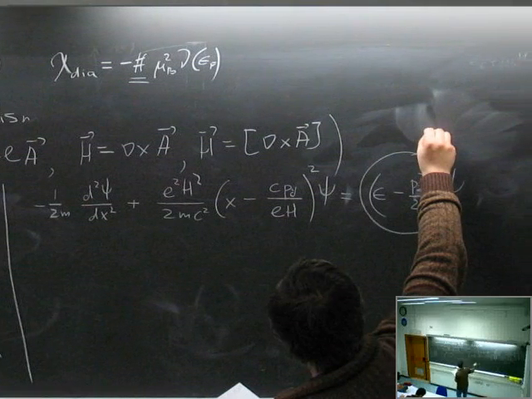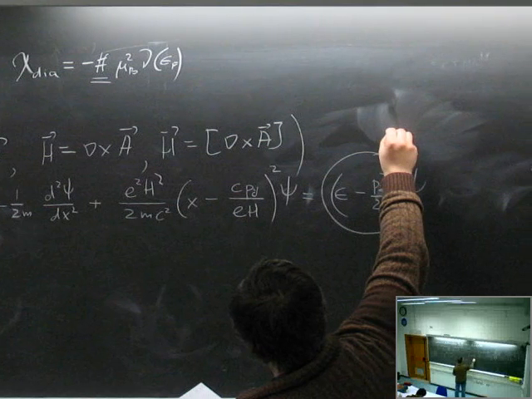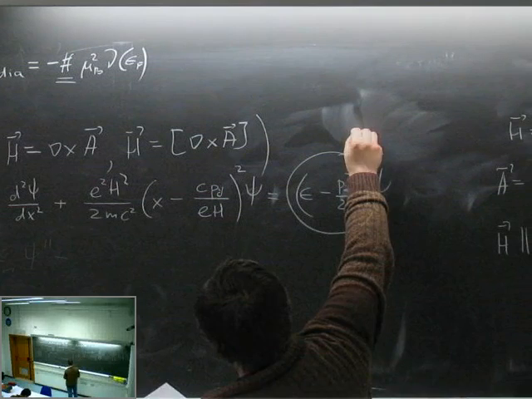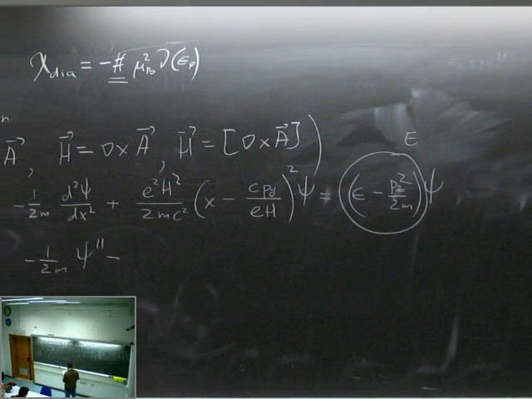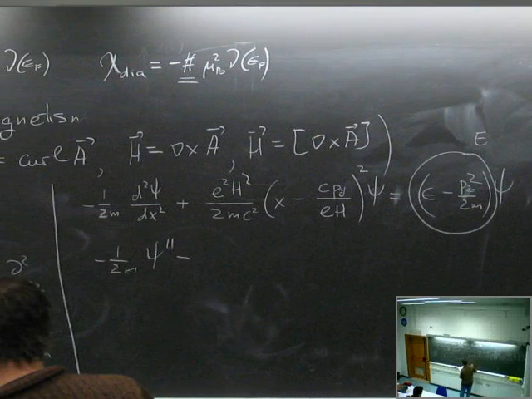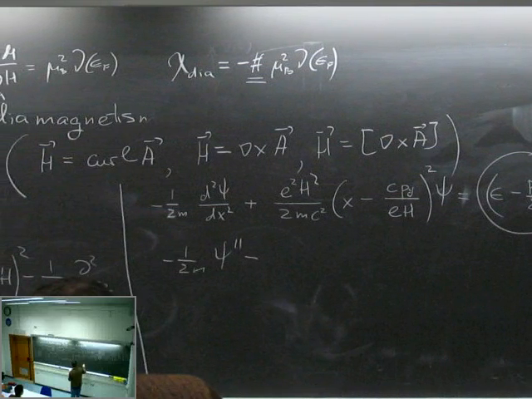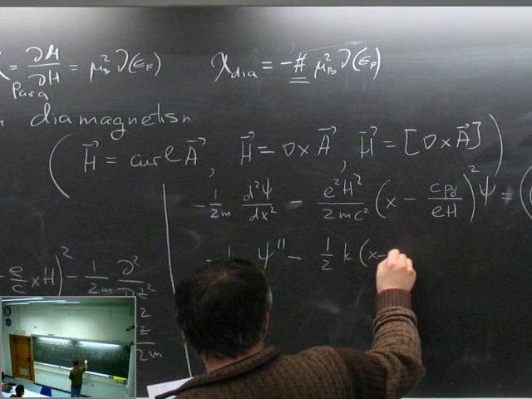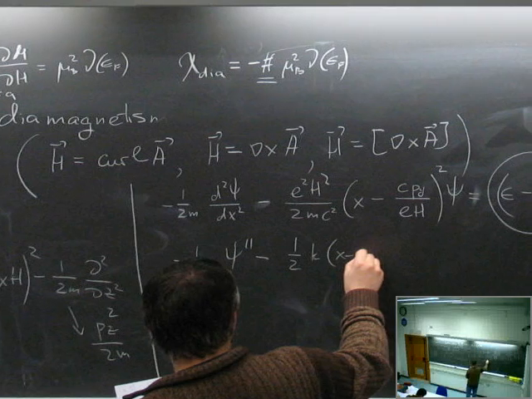So what do I have? I have a one-dimensional equation, which is minus 1 over 2m psi double prime plus 1/2 k (x minus x naught) squared psi is equal to the energy times psi.